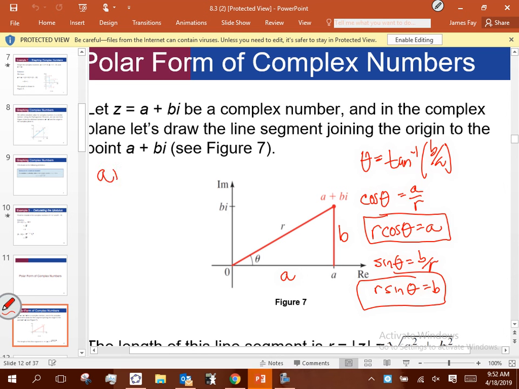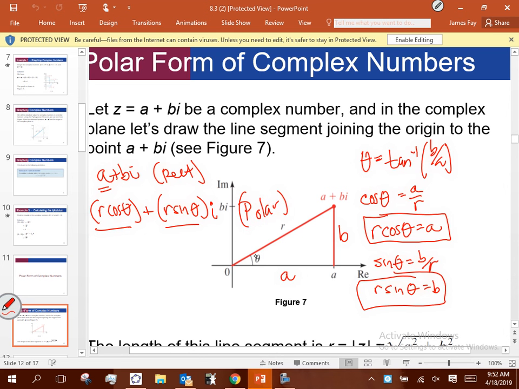If I have a plus bi, that's rectangular. If I put in a to be r cosine theta, and I put in b to be r sine theta, so a right there plus b right there times i, that is what we call the polar form.